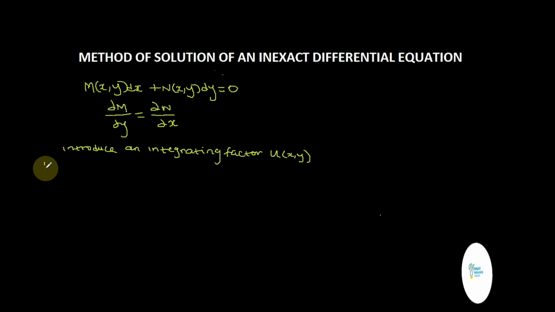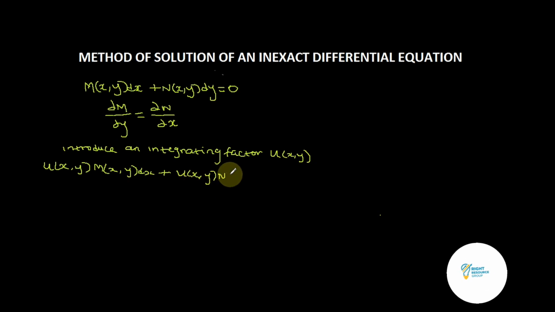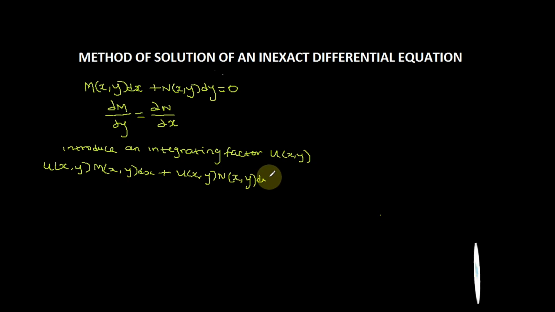When we do so, we have u(x, y) multiplying M(x, y) dx plus u(x, y) multiplying N(x, y) dy equal to 0. Now, after doing this, we will check if it is exact by differentiating.